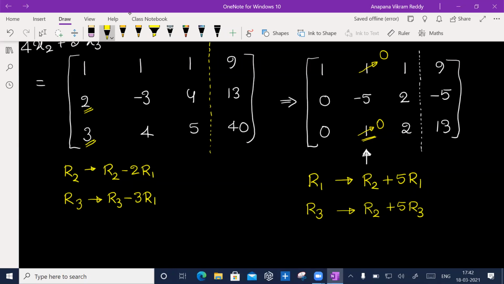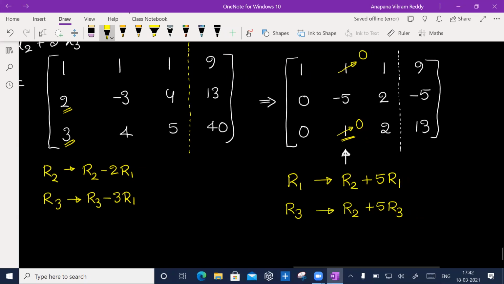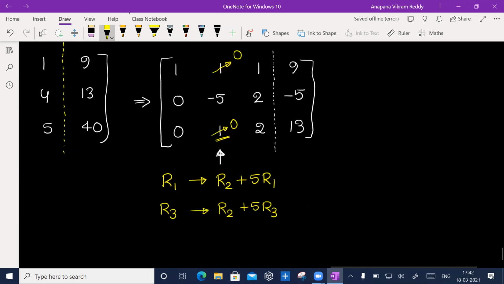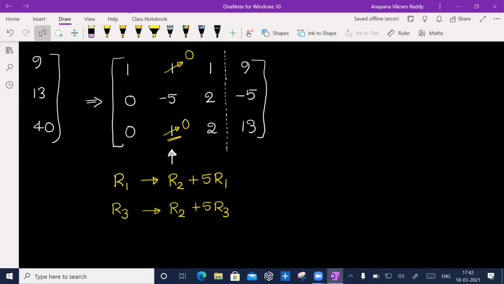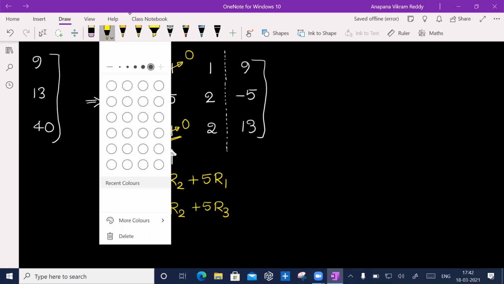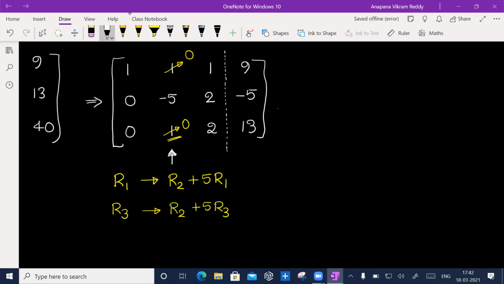The only thing is you have to see two things properly. So let me slide this left. Now, what is the first element here? 5, 0, 7, 40.